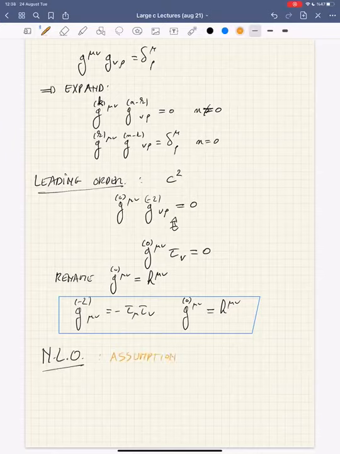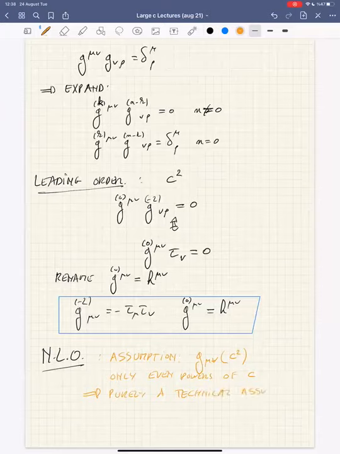So we're going to assume that the metric is actually a function only of even powers of c. So this is purely a technical assumption.